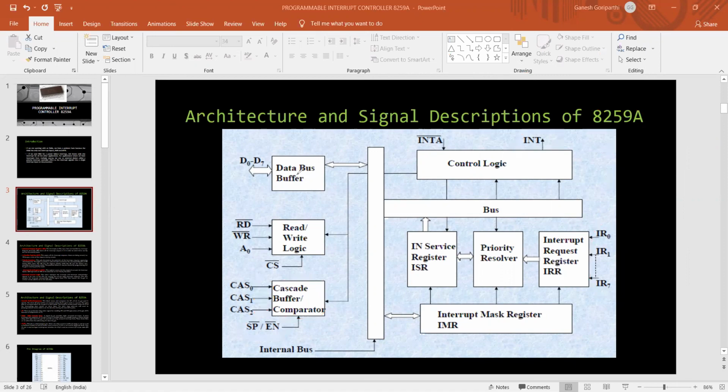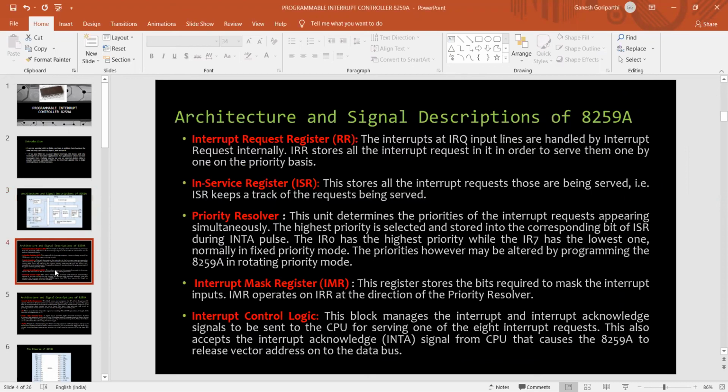Now let us see in detail. What are these? The interrupt request register, as I told you, collects all the interrupts on a priority basis, and the in-service register stores all the requests that are being served. Whichever are being served will be stored here.